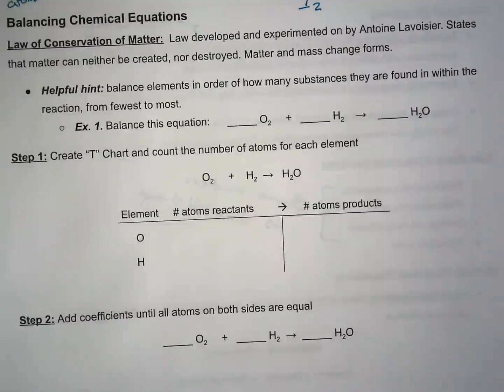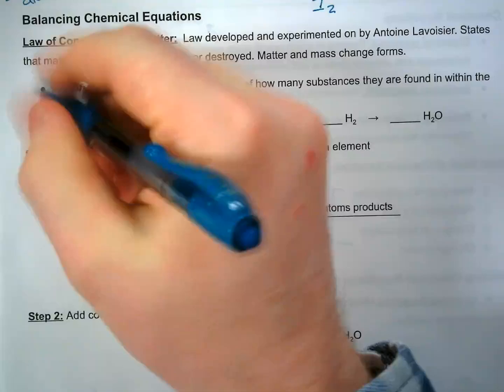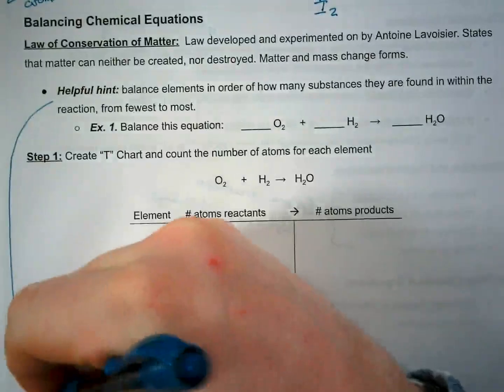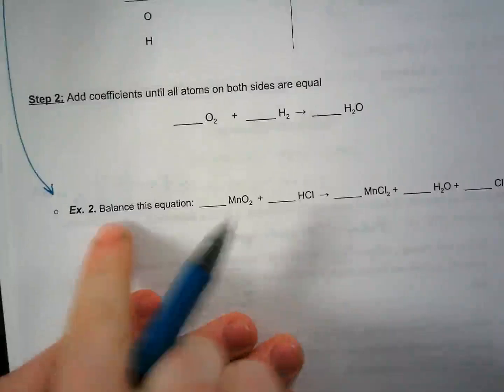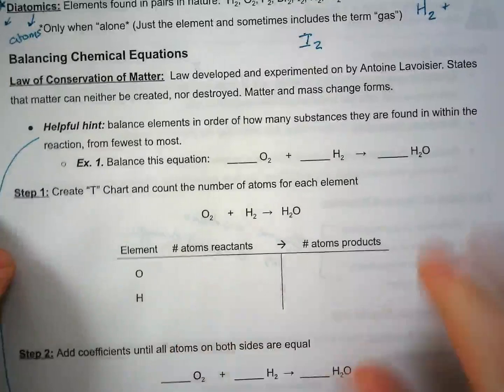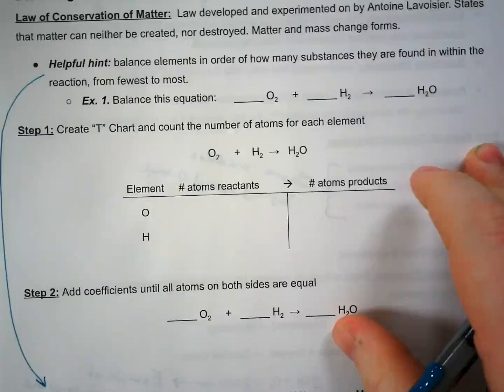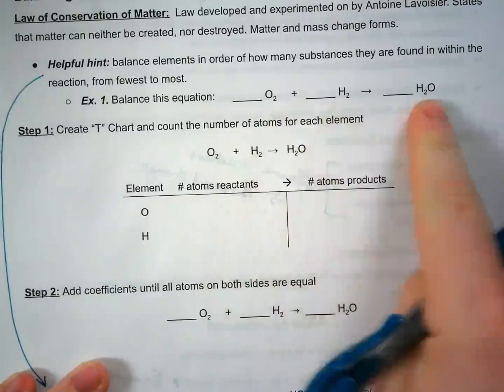Okay. So then, getting into how we balance equations. Before we get into it, this helpful hint is really for number 2, the second equation down here, because as you'll see, it doesn't really apply to this one since there are only 2 of them. So let's say you're given a problem, which most of them in the beginning are going to look like this.